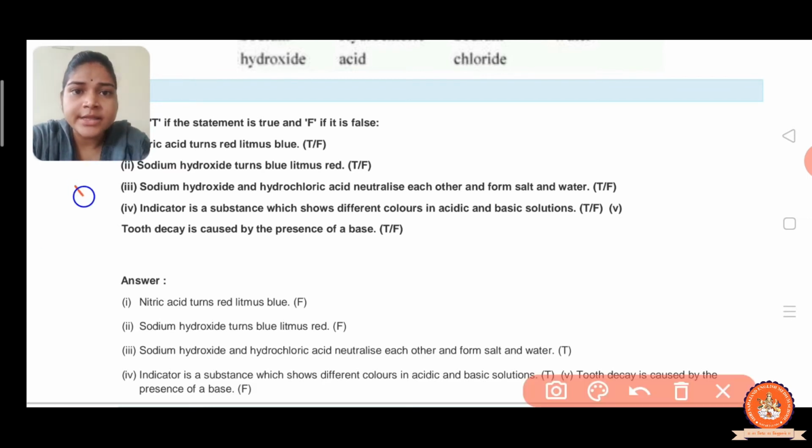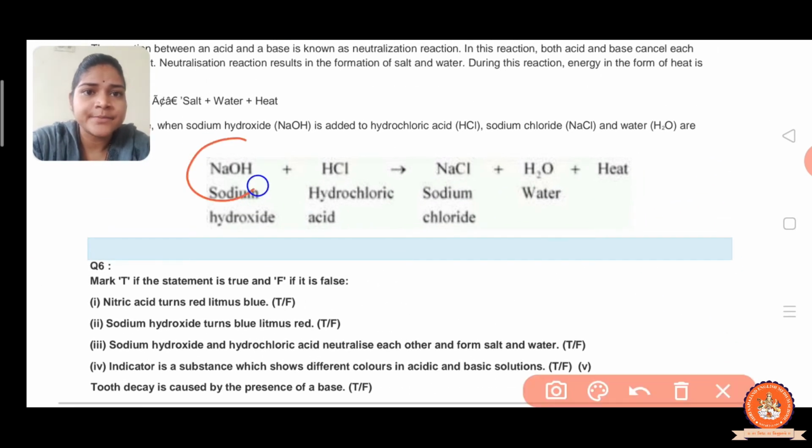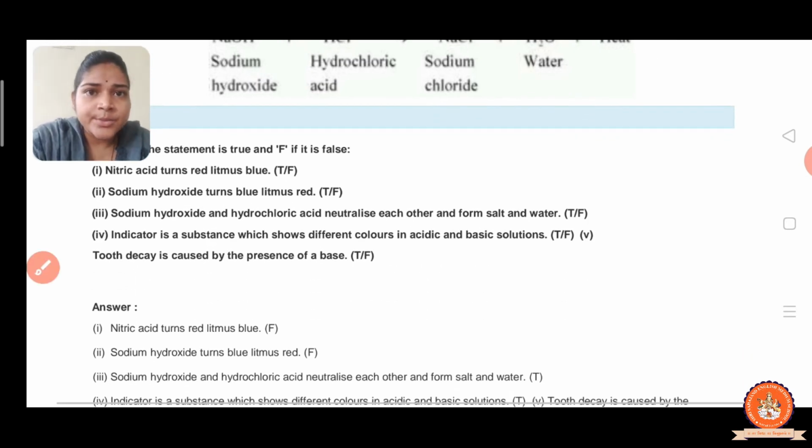Now the third one: sodium hydroxide and hydrochloric acid. Sodium hydroxide is basic in nature and hydrochloric acid is acidic in nature. In the previous question we already discussed this. NaOH and HCl: the question says sodium hydroxide and hydrochloric acid neutralize each other and form salt and water.